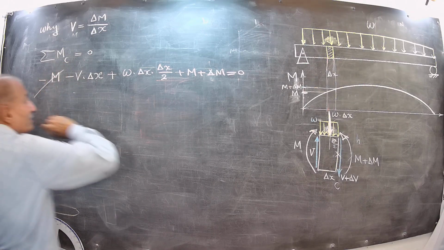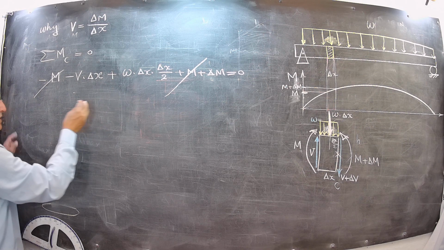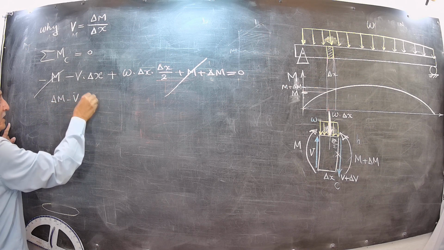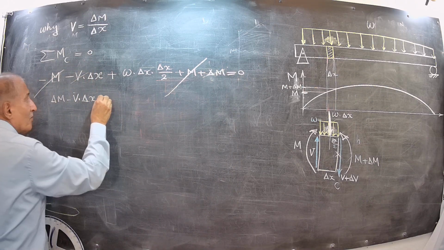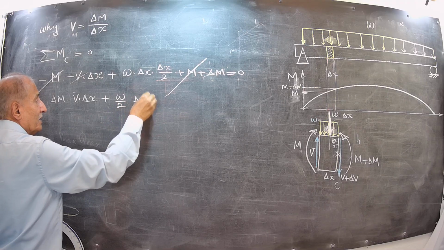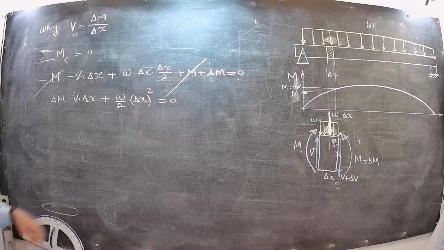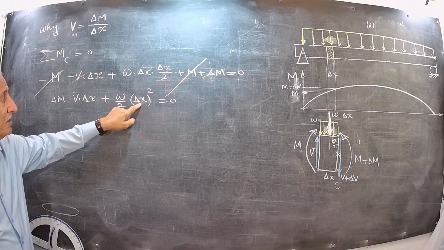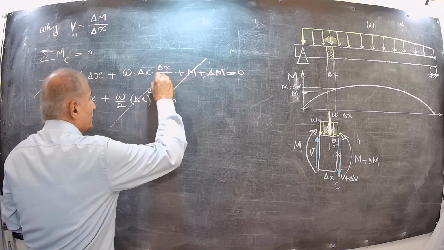We can cancel out minus M with M, and I rearrange it: delta M minus V delta x plus omega over 2 delta x to the power 2 equals 0. Because this is an incremental value, and it has a power of 2, we cancel it out. It's very close to 0.